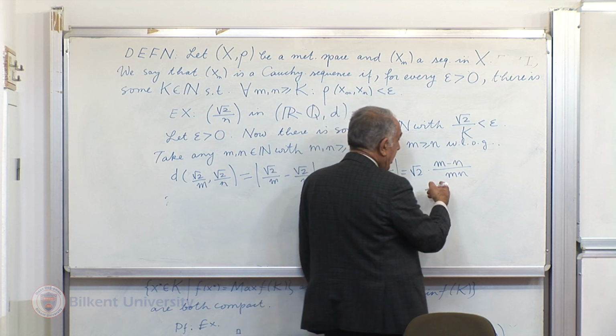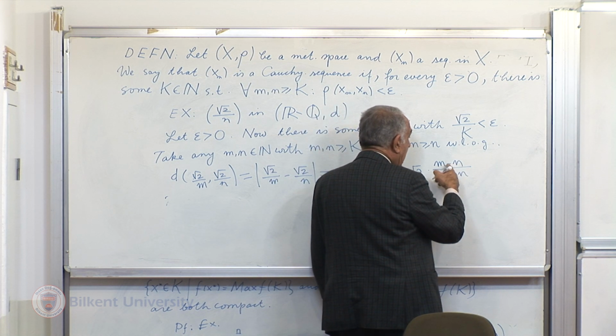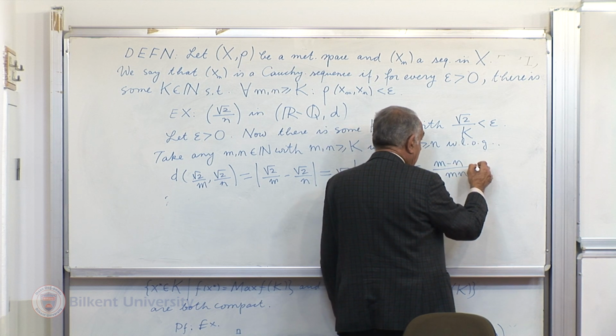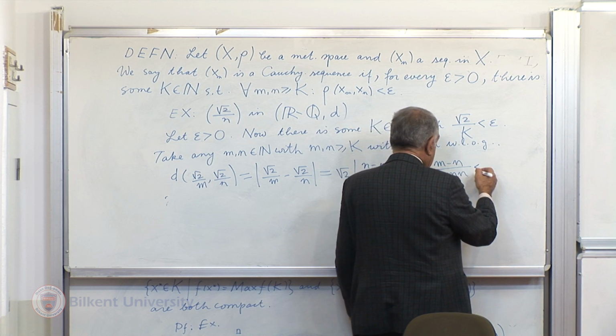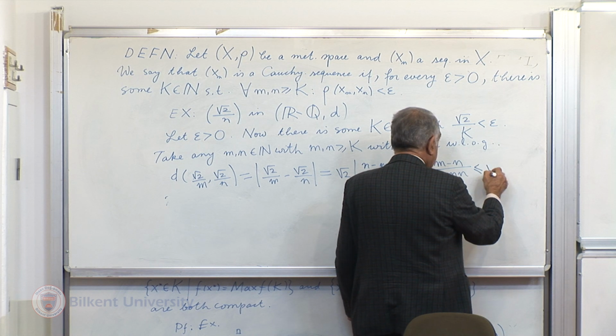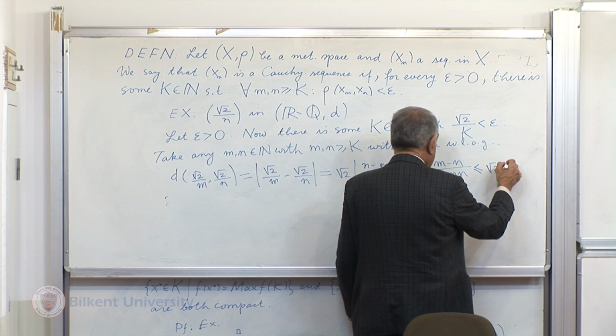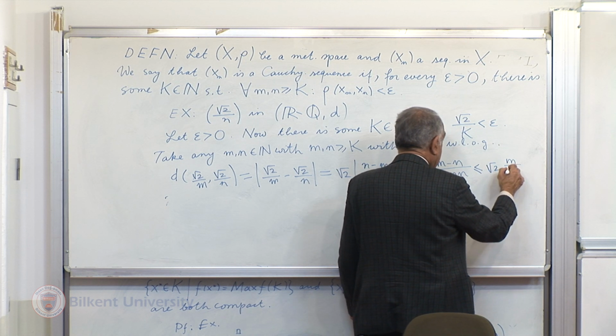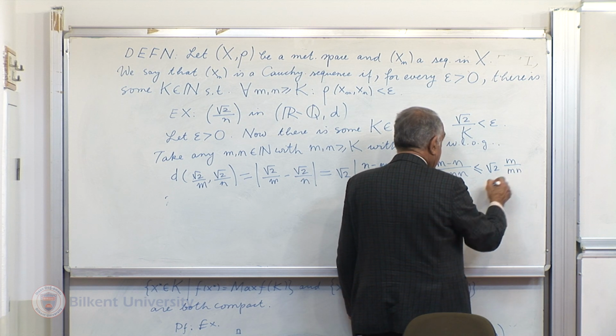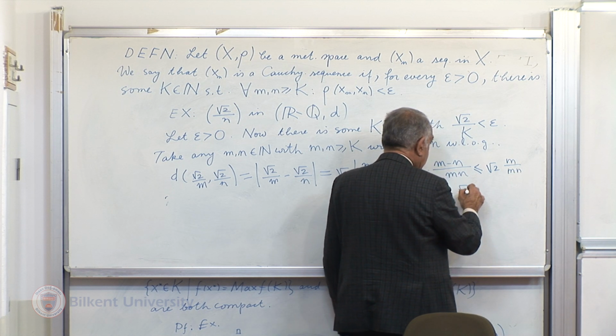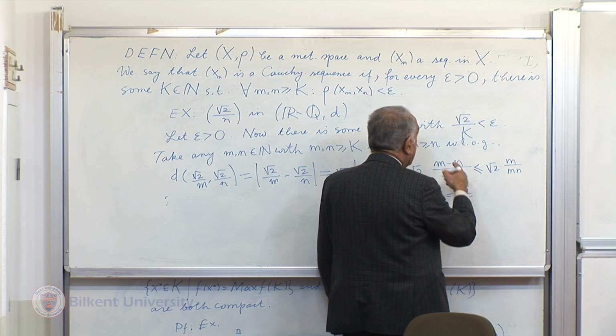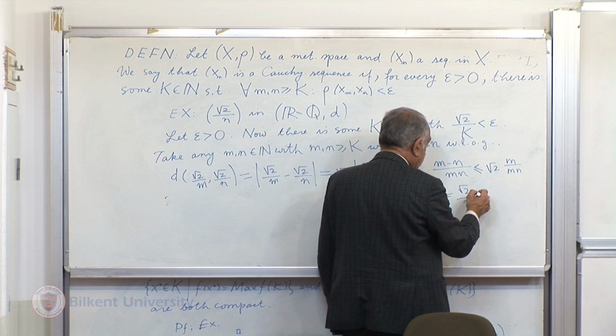But here I can make this larger by leaving out this part. This will be less than or equal to square root of 2 m over mn, but that is square root of 2 over n, and n is larger than or equal to k.